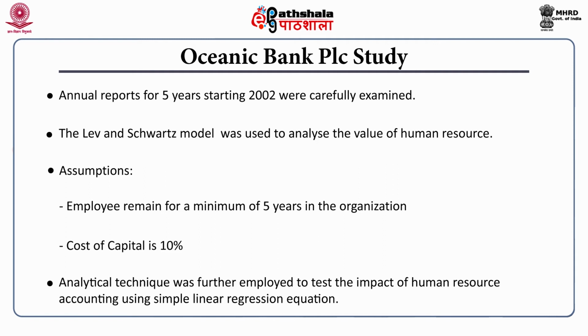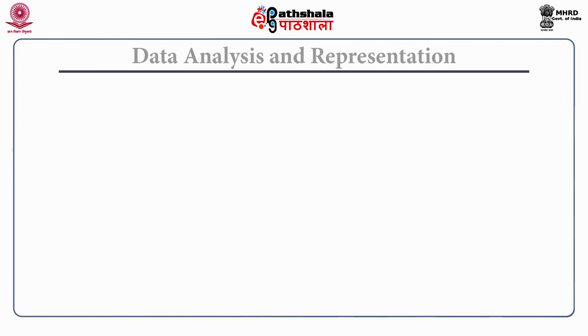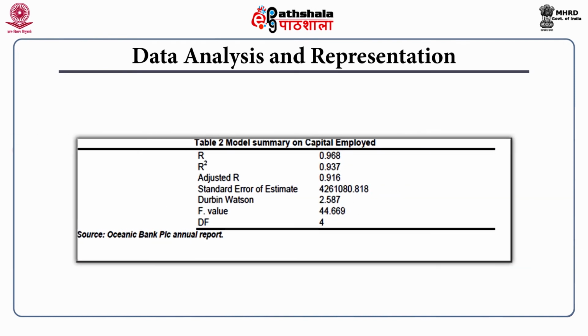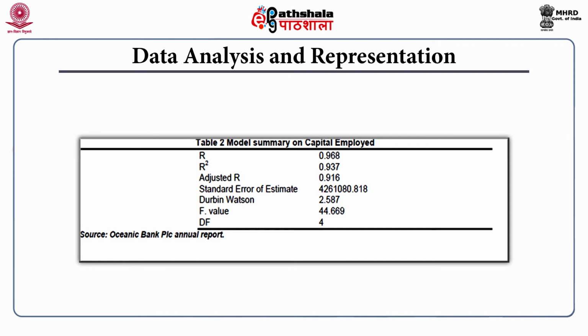Analytical technique was further employed to test the impact of human resource accounting using a simple linear regression equation. The data was analyzed and represented as on the slide given here. The value of R came out to be 0.968 and the DF as 4.